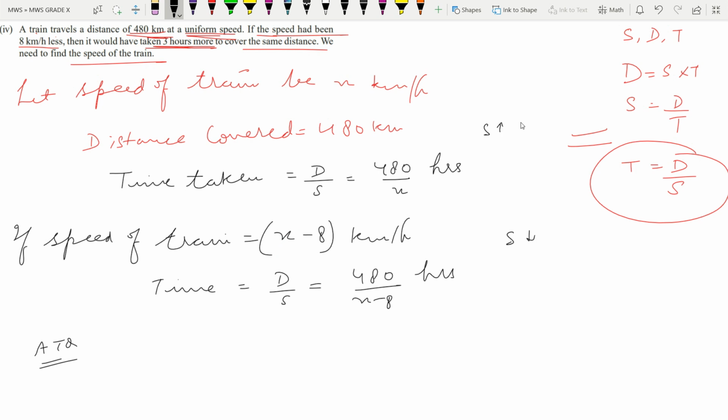If speed is high here, then time taken will be less. And if speed is less here, then time will be more. This represents the bigger time, so we will write it first, and subtract from it the time taken in the previous case, and it is written in the question that there is a difference of 3 hours.